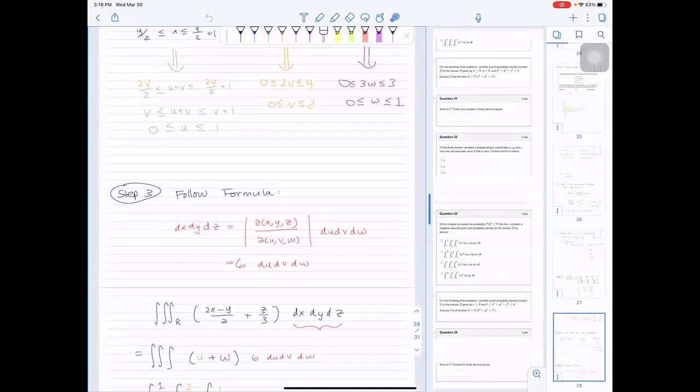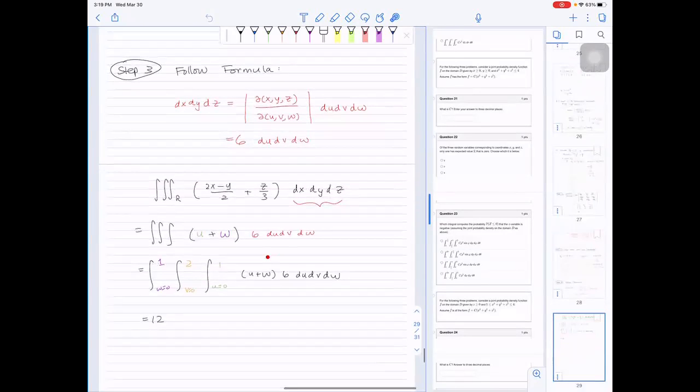When you use the formula, we rewrite our original function in u, v, and w, multiplied by that determinant and du dv dw, and then you just solve the integral. Okay, cool. Thank you. Yep.